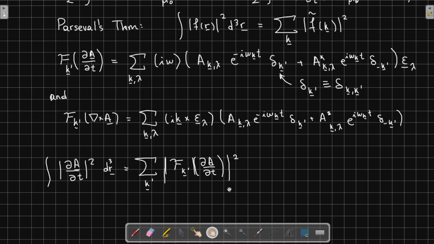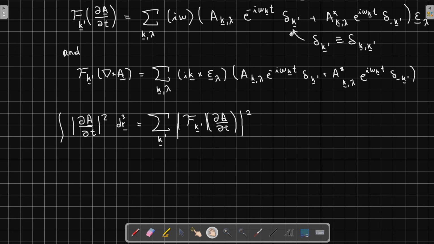Okay, so how we can write this using this Fourier transform we found. So it will be equal to the sum over k prime λ prime. Remember, when you're taking the product of two sums, make sure you use different indices, because if you use the same index, it can cause a lot of confusion.